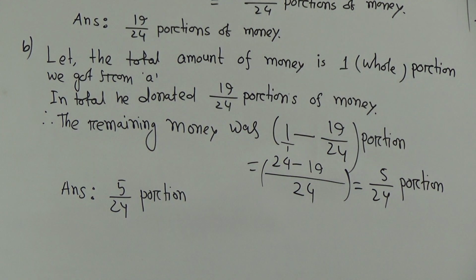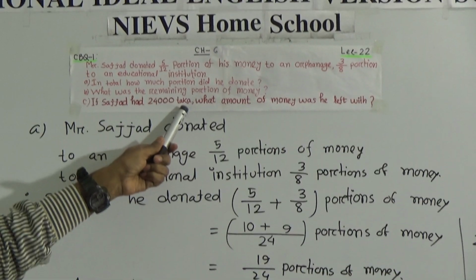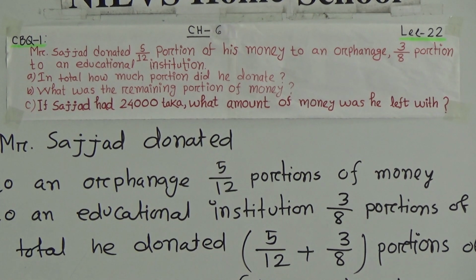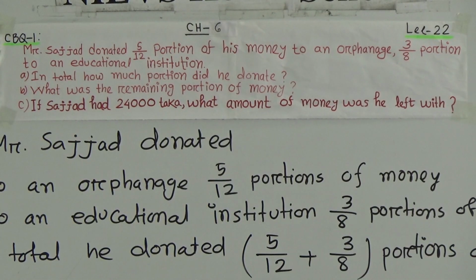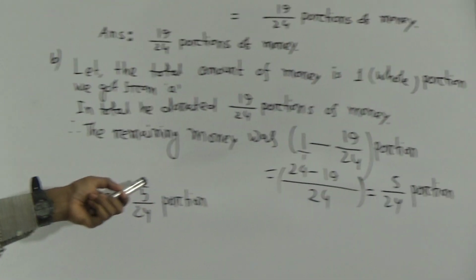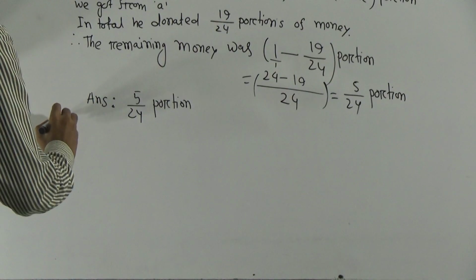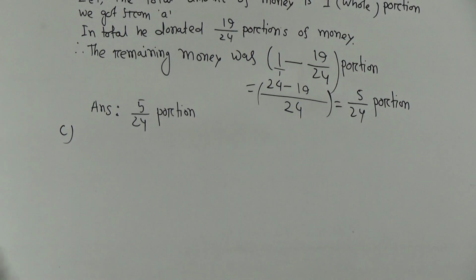Now I will solve question number C. Okay, you see question number C. If Sajjad had 24,000 taka, what amount of money was he left with? Okay? Look, we have got from B that the remaining money was 5 by 24 portion. Right here at first, you write the C number.